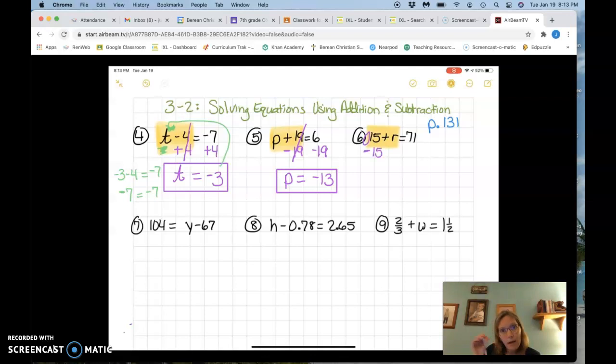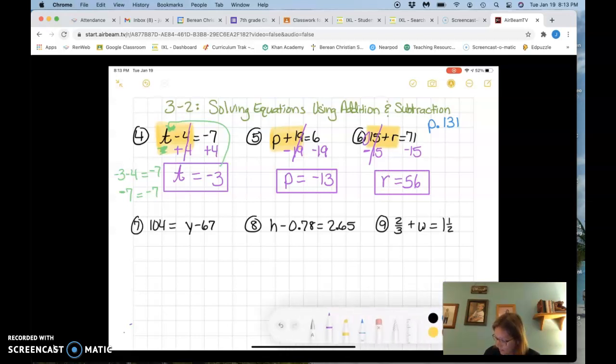Whatever I do to one side, I have to do the other. So I'm left with r on this side, and then 71 minus 15 is 56. And that's it.